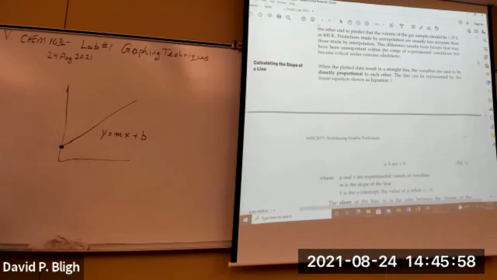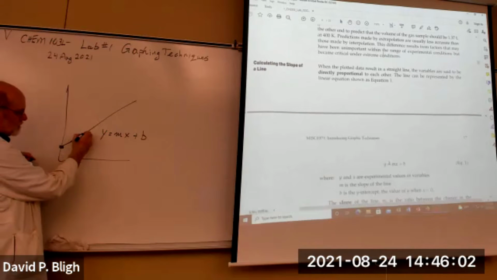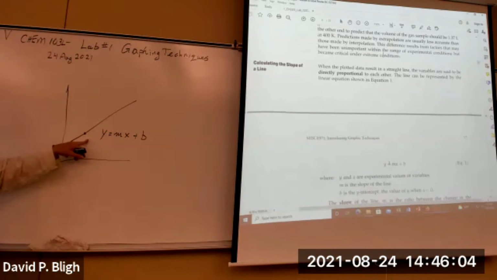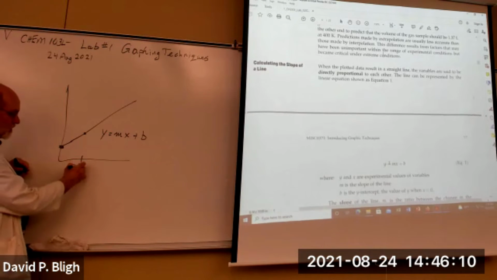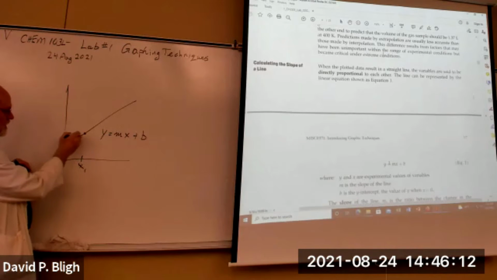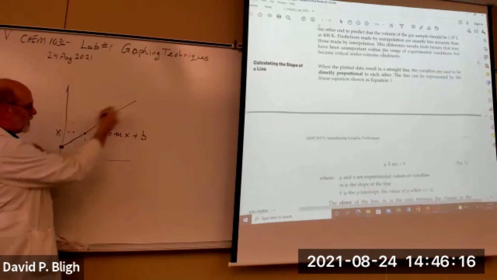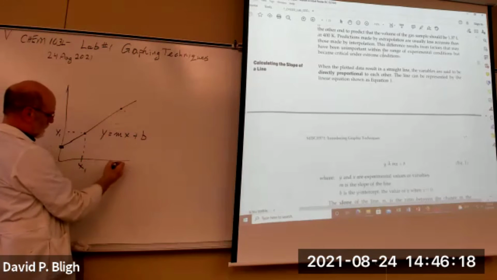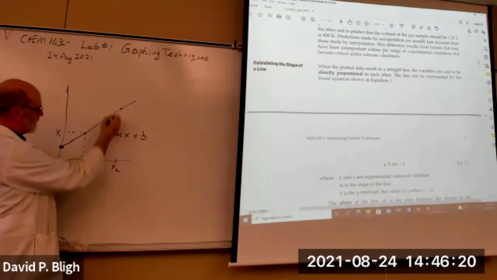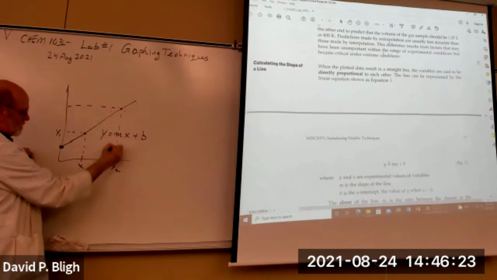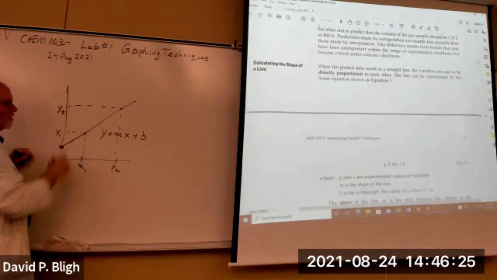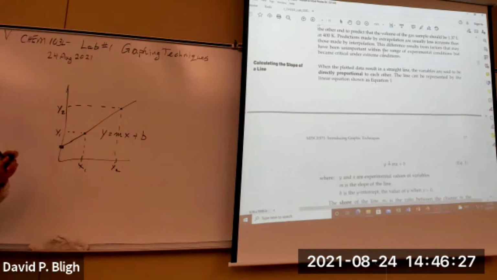So how do we find the slope of that line? Well, you need a data point, either a measured point here or one that's drawn from the best fit line. And this gives you an x value, and this gives you a y value. And then you need another point on that line. So that gives you another value, and that gives you another value here, y2. So what's the slope of that line?